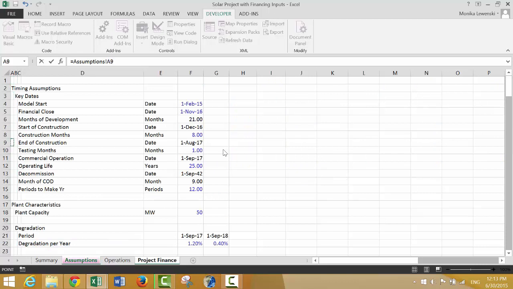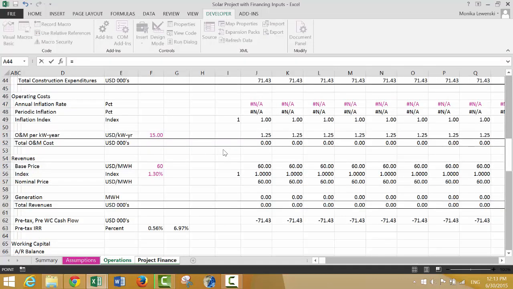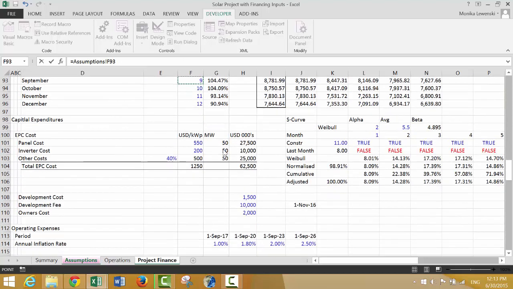We'll start with the start of the construction, under the construction commercial operation date. And if we had a grace period, we could start a little bit later.